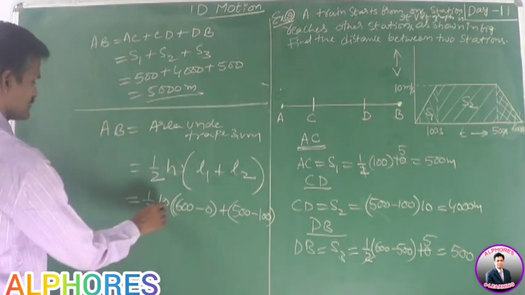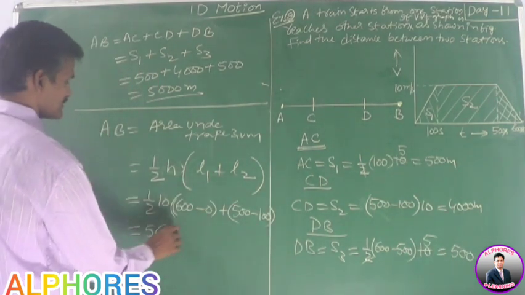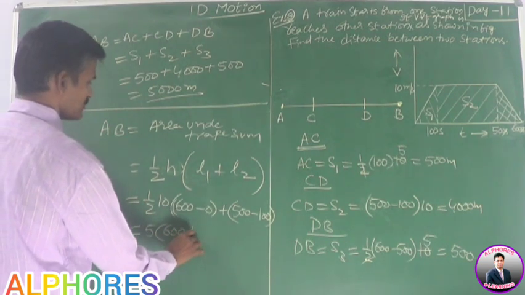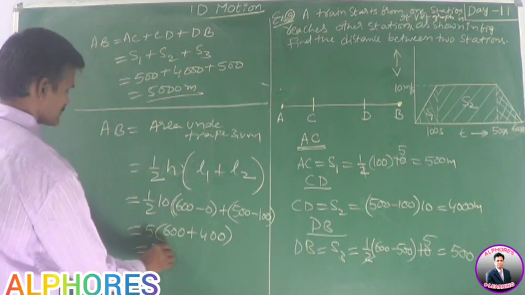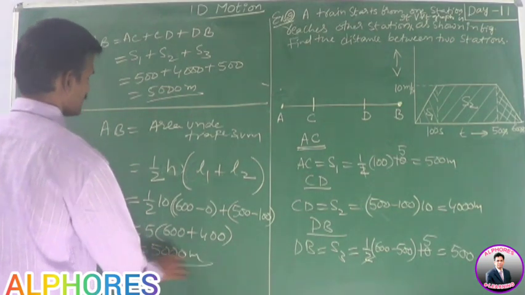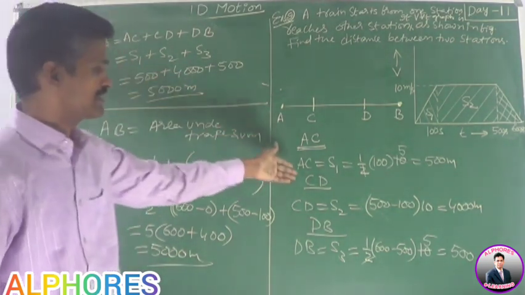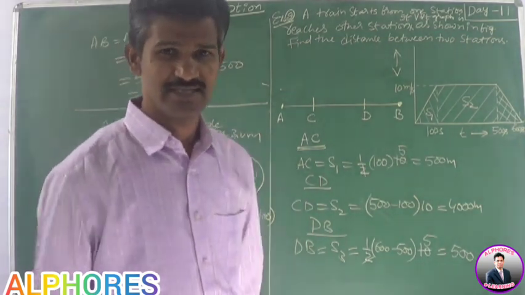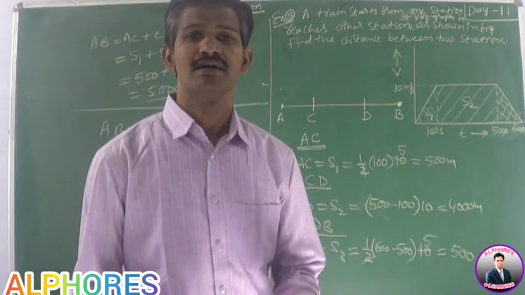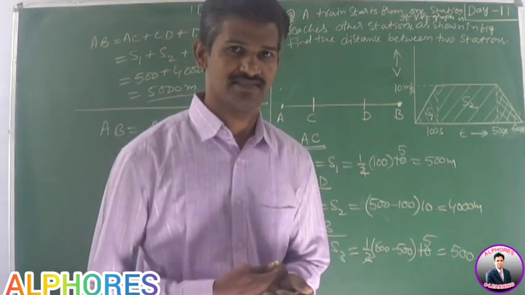So this gives 5 into 600 plus 400. This is 5,000. You can calculate separately, or you can calculate the total area at a time. Both give the same answer. This is the distance between the two stations.